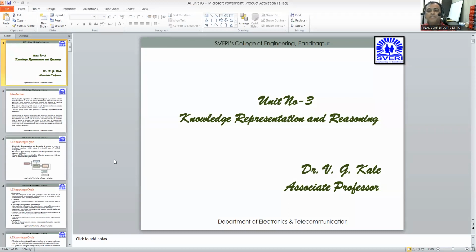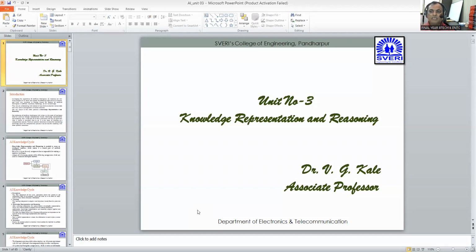So after complete revision of unit number 2, we'll move to a new unit. Today we'll be having the beginning, or commencement, of the third unit called knowledge, representation, and reasoning. We'll go slowly, as this unit is very much dependent on intelligence.